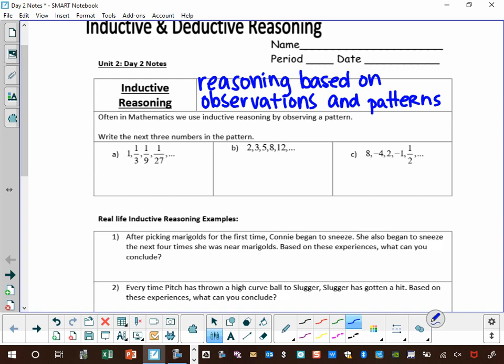Alright, so look at letter A. We have 1, 1/3, 1/9, 1/27. They ask for the next three numbers in the pattern. Okay?